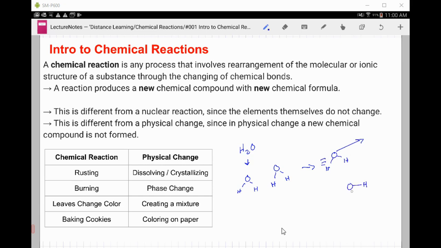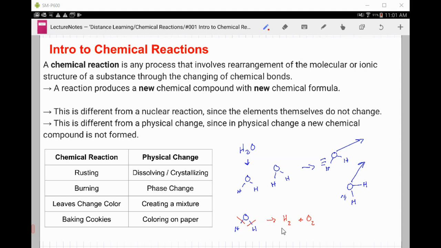Right, but that is not a chemical reaction because at the end of this, we still have two water molecules. Right? Those didn't change in any way. However, if we were to take the water molecule and in some way break these hydrogens off of the oxygen and turn it into hydrogen gas and oxygen gas, that would be a chemical change because we now have new substances at the end of this reaction.